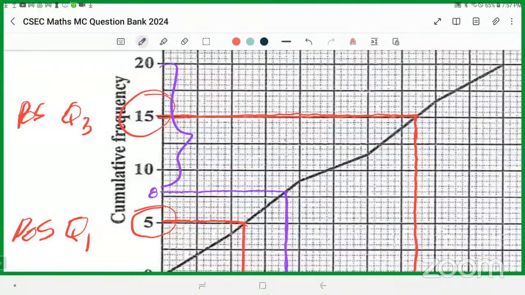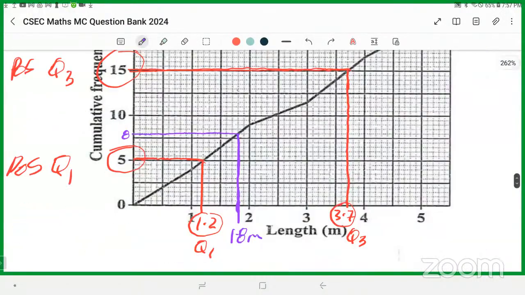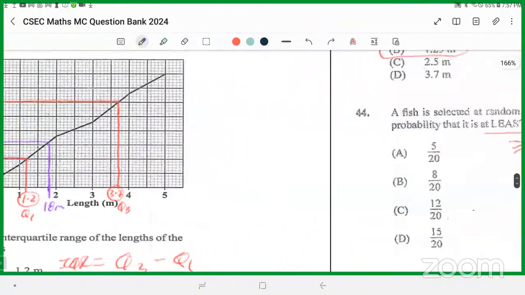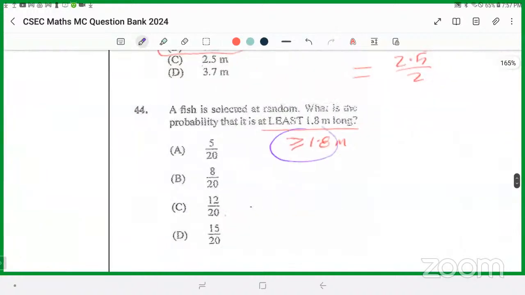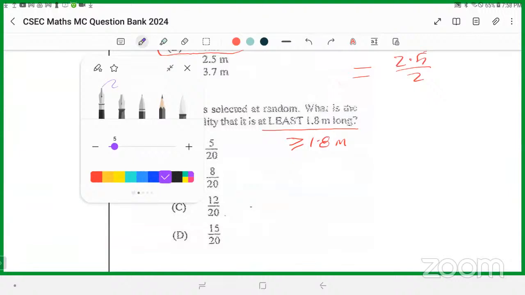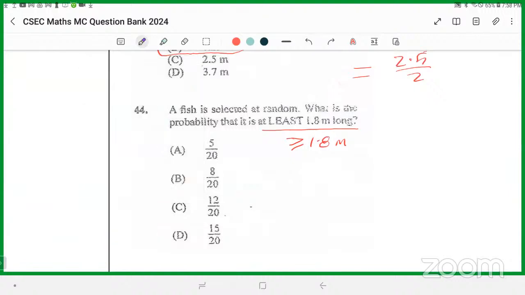Right? So now I know how many get at least. At least means more. So the probability, in purple, becomes 12 at the top, 12 out of the 20. See it here, 12 at the top.